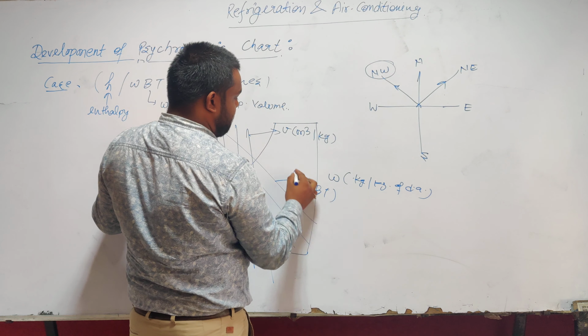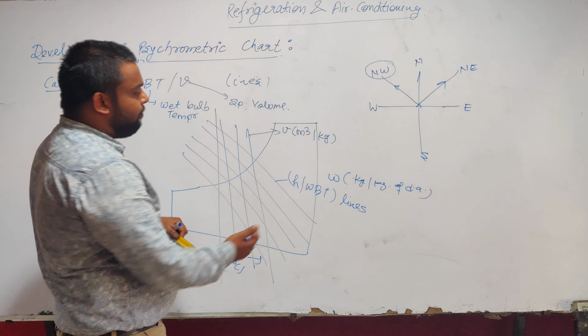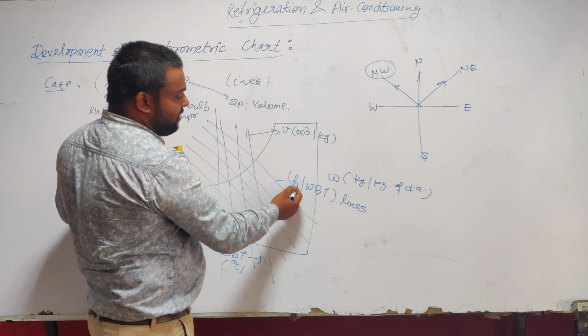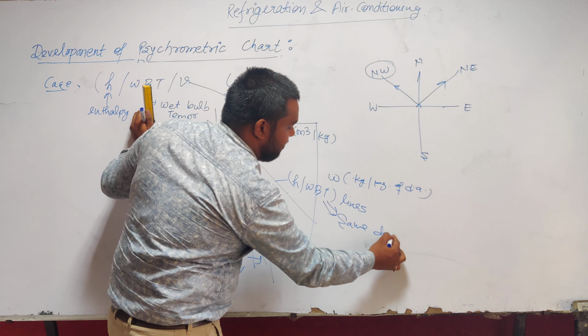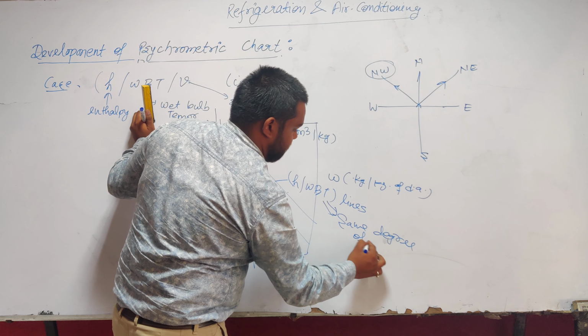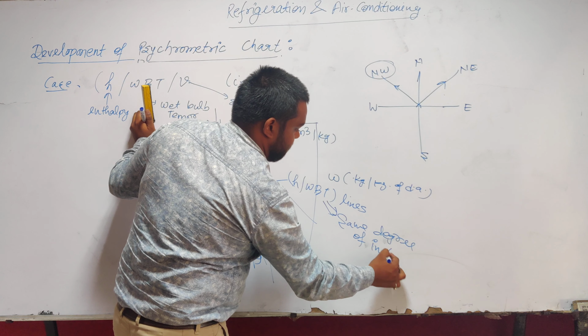How can we identify on the psychrometric chart whether these are enthalpy, WBT or V lines? Firstly, H and WBT lines have the same degree of inclination. Constant enthalpy lines and constant WBT, wet bulb temperature, lines have the same inclination.